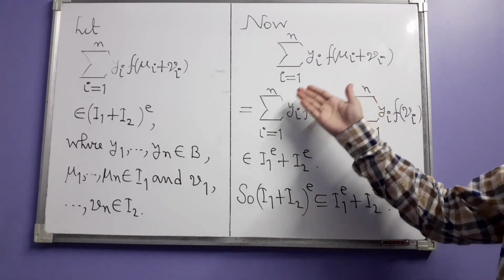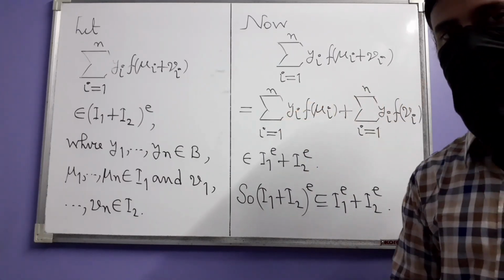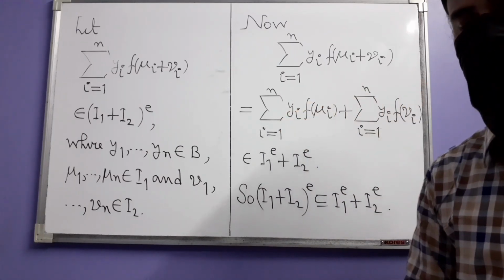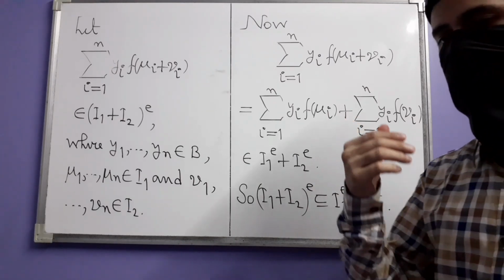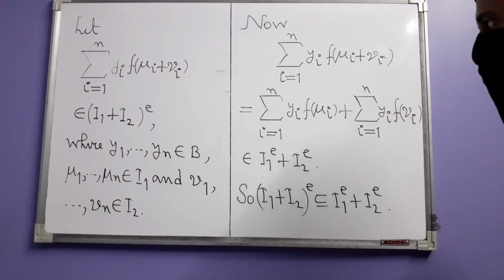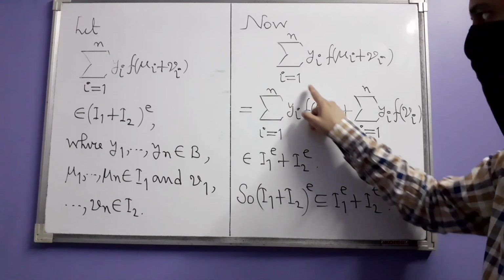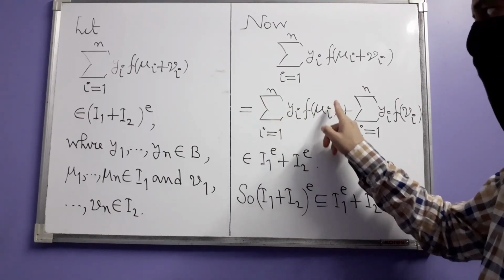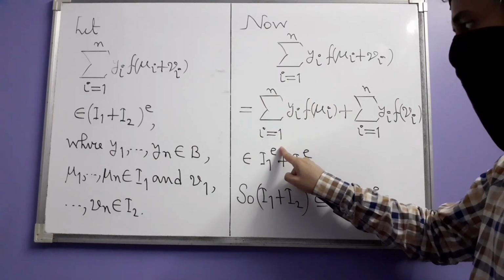And then you just simply split the sum into these two sums. What allows you to do so? Namely the facts that addition is both commutative as well as associative. That is why. And now you look at this sum, it has the form to be an element in I1 extension. Why?